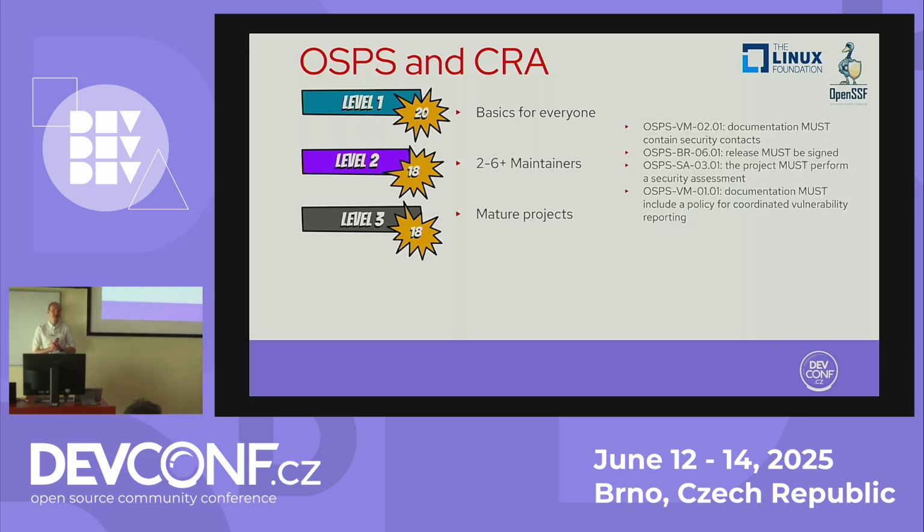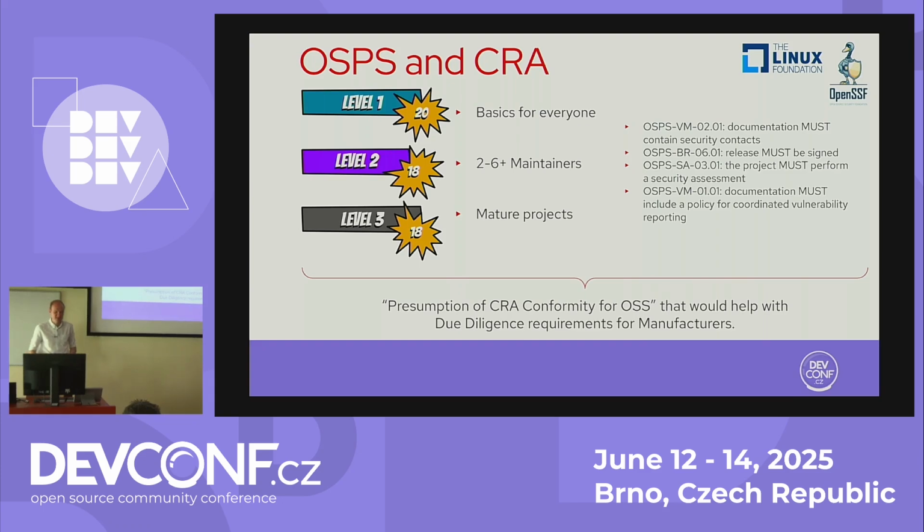Let me bring a few examples. The documentation must contain security context in your repo. Releases must be signed. Good stuff. The project must perform a security assessment. Documentation must include a policy for coordinated vulnerability reporting, which also makes sense. If you were attentive at the start of the presentation, you can already feel some correlation with the requirements in the CRA: the security risk assessment, vulnerability handling, and so on.